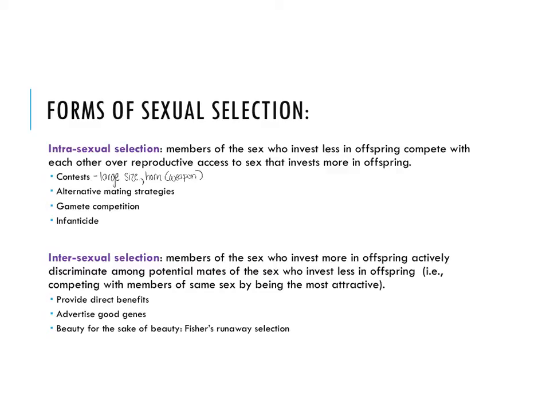We also talked about alternative mating strategies, where members of the same sex use different strategies to try to acquire mates. So in here, you might see traits like large territory defending males or individuals. It doesn't have to be males.